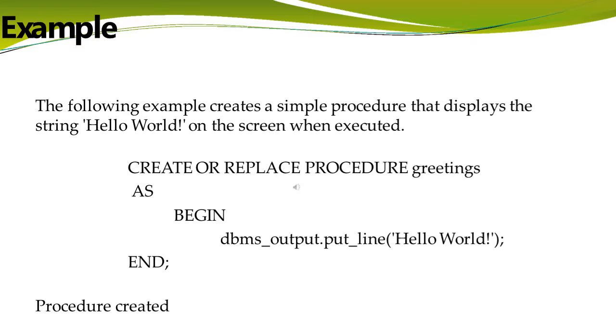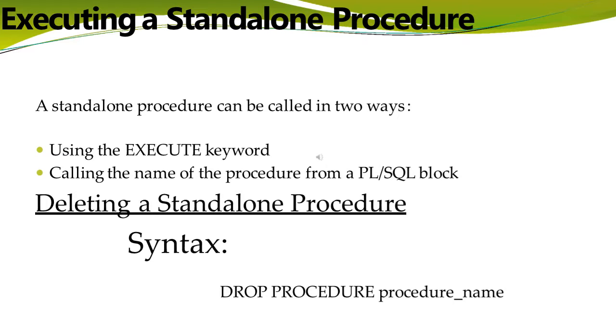When the above code is executed using the SQL prompt, it will produce the following: executing a standalone procedure. A standalone procedure can be called in two ways. The first is using the execute keyword, and second, calling the name of the procedure from a PLSQL block.